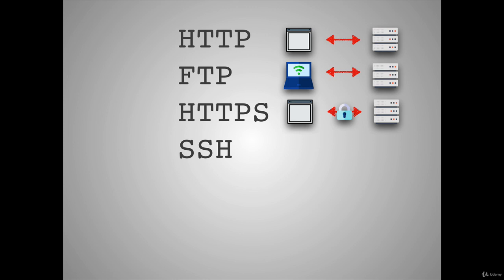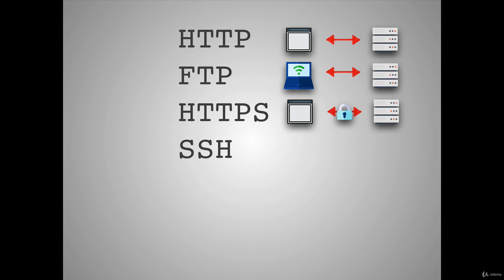HTTPS is similar to HTTP, but it is encrypted. That means third parties can't read the files being transferred if they intercept the messages. And there are many other protocols like IMAP that allow users to send emails and tons of others.